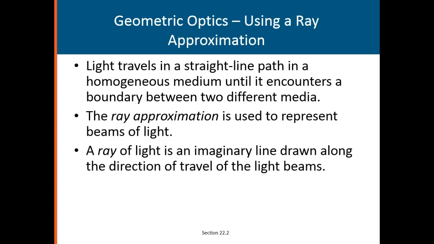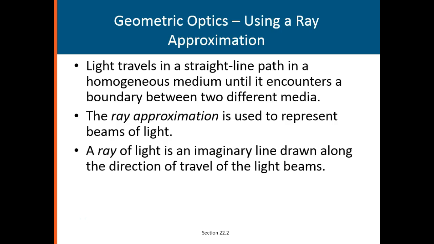So, we're going to use what they call geometric optics, using ray approximations. The other is wave approximations, and boy, they become sort of a pain to work with. So we're going to do the ray approximations. The light travels in a straight line path in a homogeneous medium until it encounters a boundary between two different media.